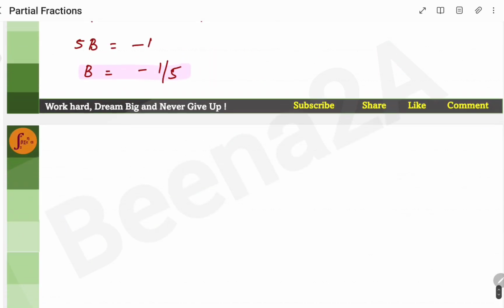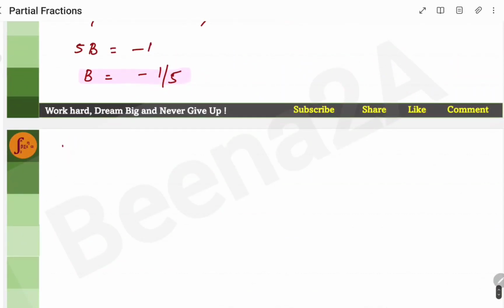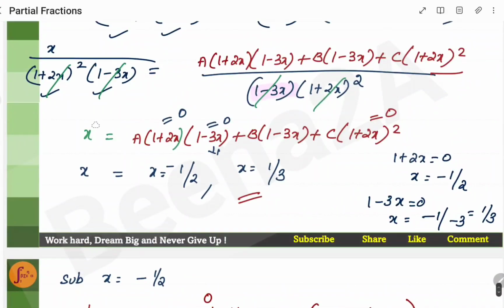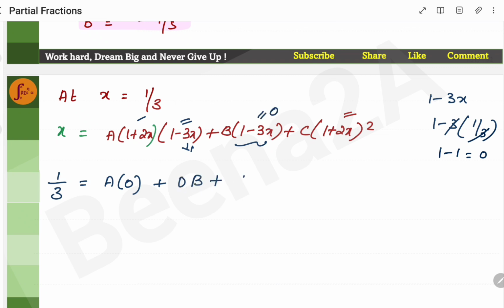Now let's find the next value using x. Next value is x is equal to 1 by 3. At x is equal to 1 by 3, let's take the expression: a into, now here it will become 0. 1 minus 3x here, it will be 1 minus 3 into 1 by 3. 3 and 3 will get cancelled. I'll get 1 minus 1, which is 0. This will be 0, plus here also will become 0, plus c into 1 plus 2 into x, where x is 1 by 3, the whole square.